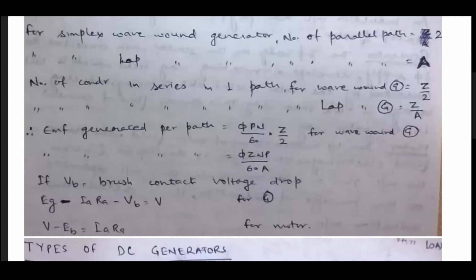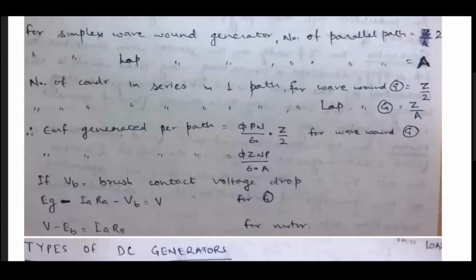And in the lap winding, we know what we mean by lap. In the lap winding, we start the winding at a particular point and go step by step further in a gradual manner.